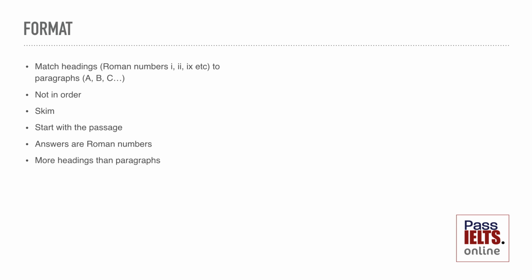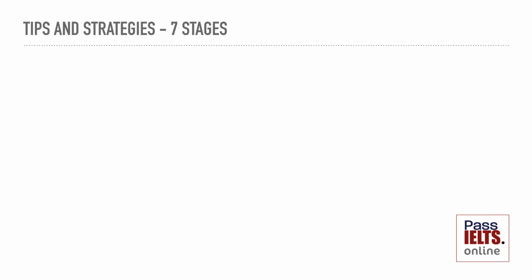There are always more headings than paragraphs, and you should only use each heading once. The questions and the headings come before the passage in this type of question. It can be confusing. Now we're going to look at our 7 tips and strategies.